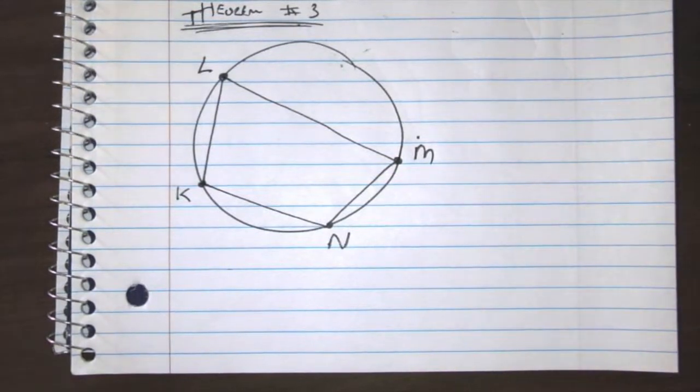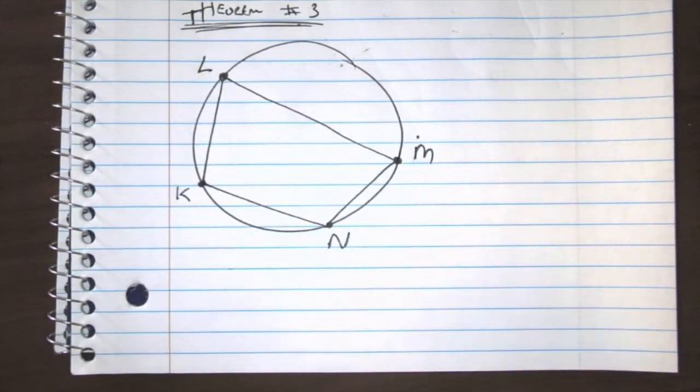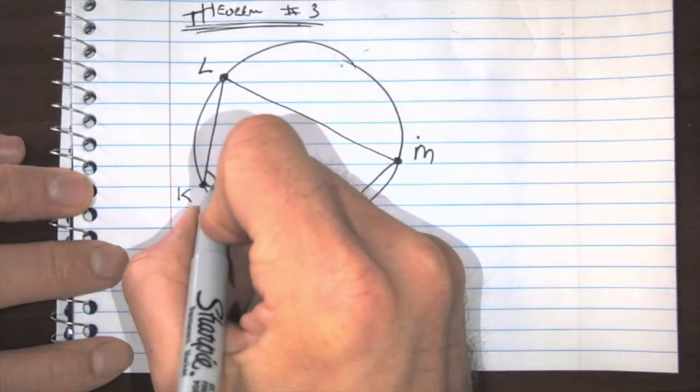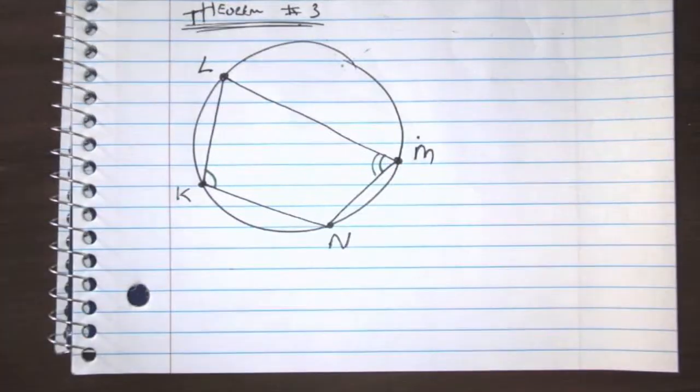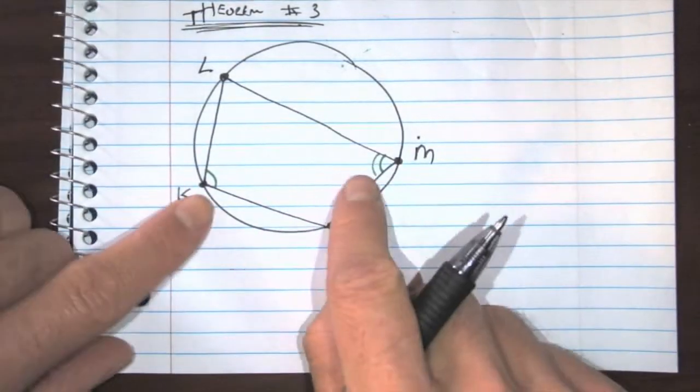Now here's what the theorem says. I'm not going to write it down. I'm going to make it very, very easy. Basically, this theorem says that if you have a quadrilateral inscribed in a circle, opposite angles are supplementary. So this angle and this angle, they're not the same. I need to be very, very clear about that. They are supplementary.